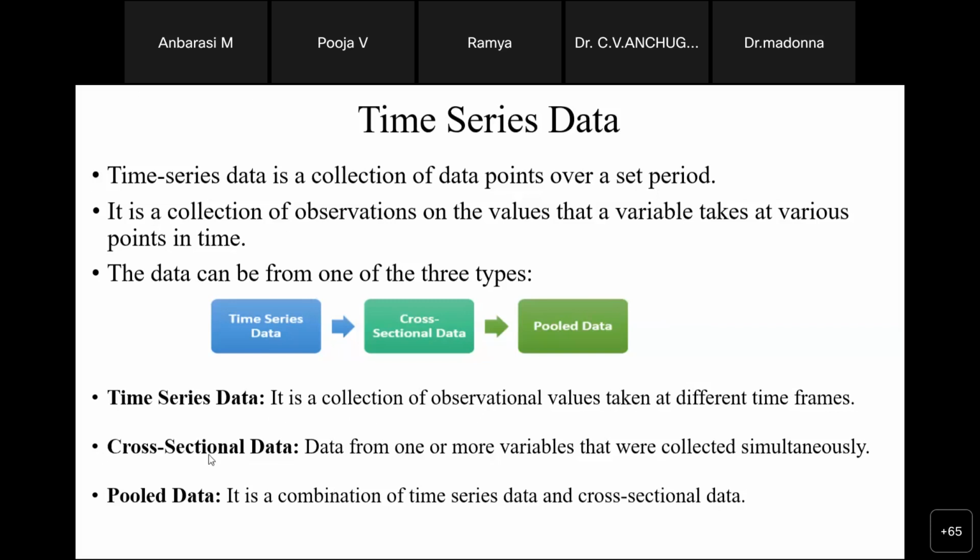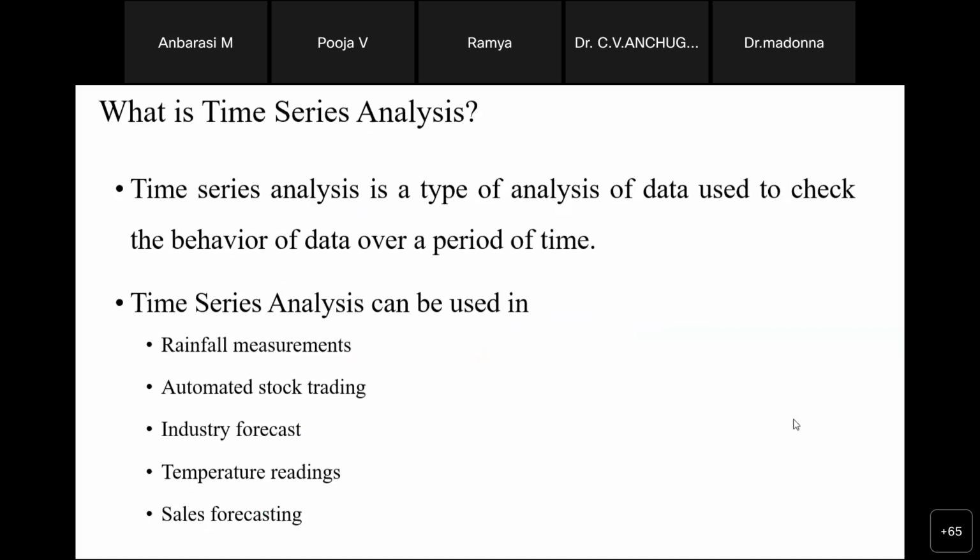Cross-sectional data consists of several variables recorded at the same time. Pooled data is a combination of both time series data and cross-sectional data together.